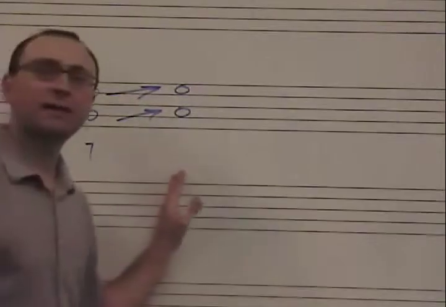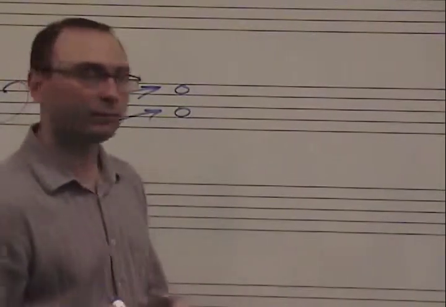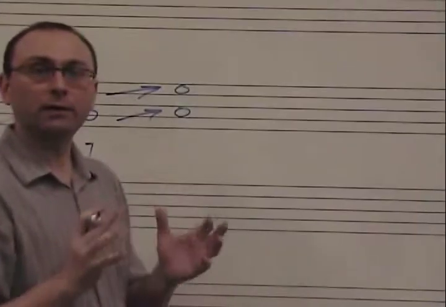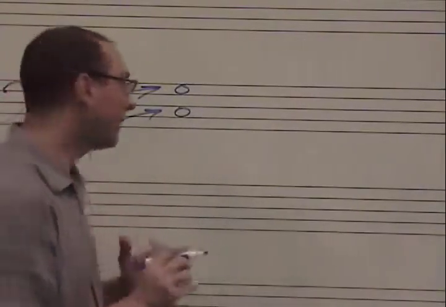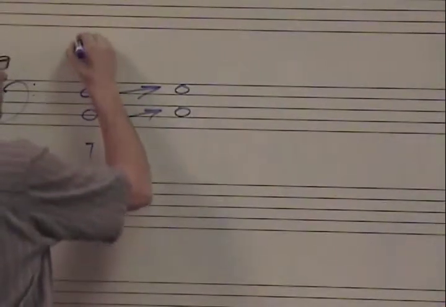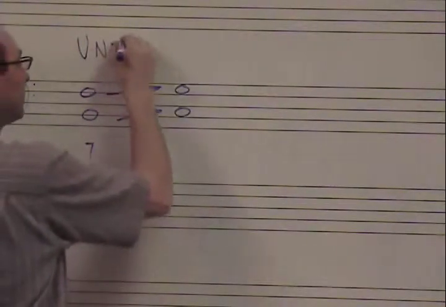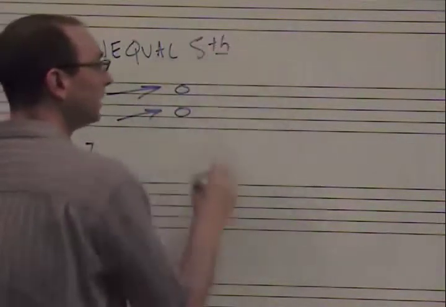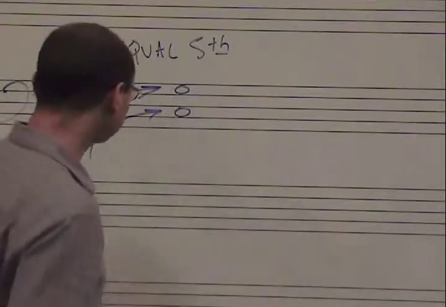However, this specific kind of parallel fifths is called parallel unequal fifths, which, when used sparingly, is an acceptable voice leading practice. It's not the best practice, but perhaps used sparingly, unequal fifths will be okay.